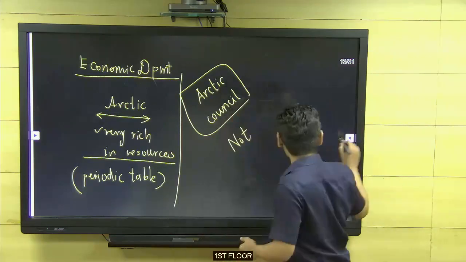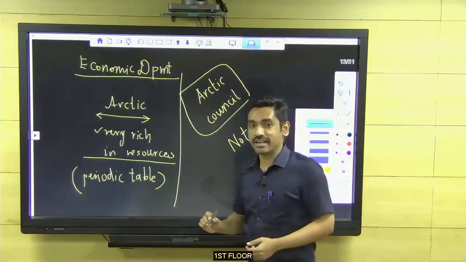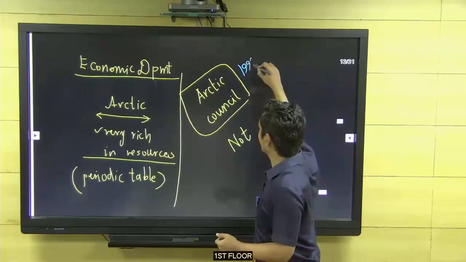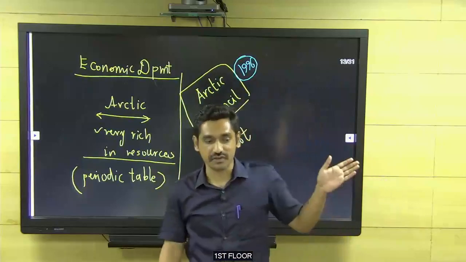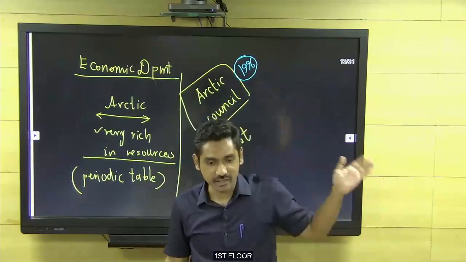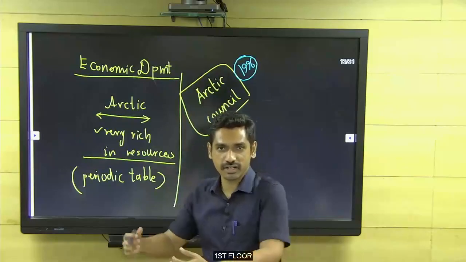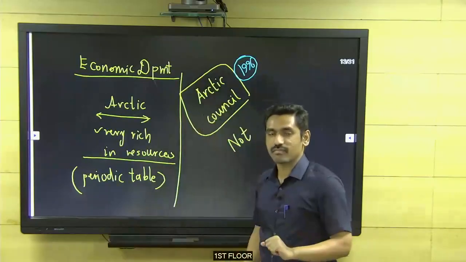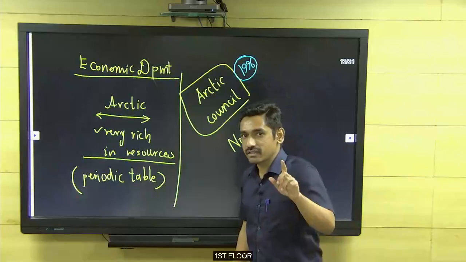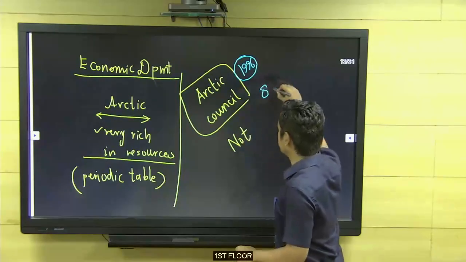You know why? Because Arctic Council was formed in the year 1996. Look at the objective of the organization. The organization will say that we are actually forming this organization for protecting the environment, protecting the Arctic, protecting polar bears and all that. I'll tell you the actual reason. The organization only has 8 members.